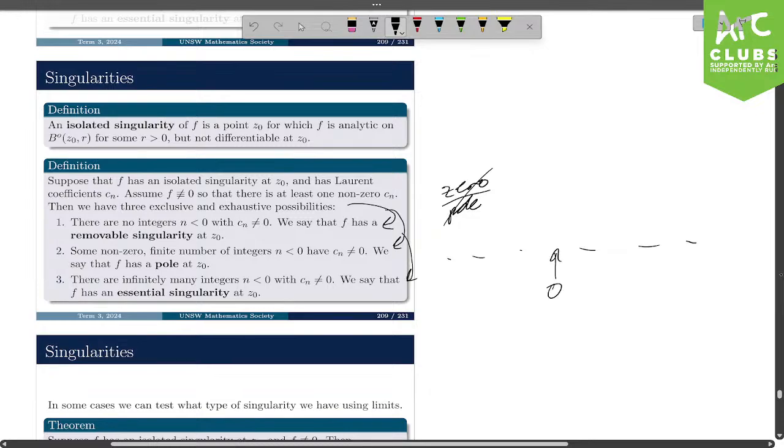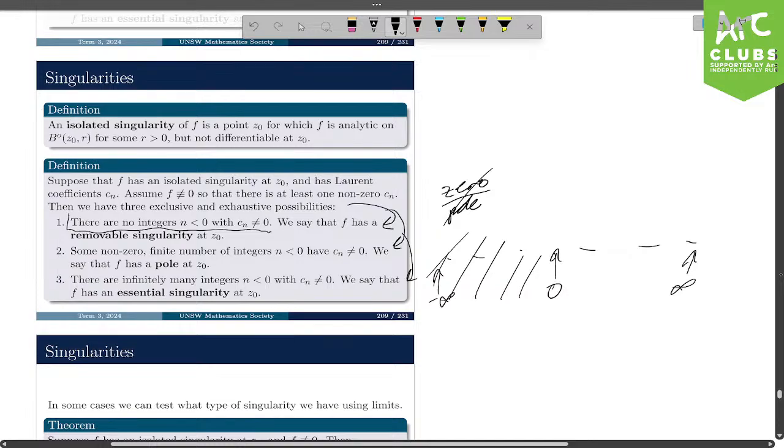You have a 0 point, you go off to negative infinity, you go off to infinity. If there are no integers n less than 0 such that Cn is not equal to 0. It always gets me how they phrase this a little bit.